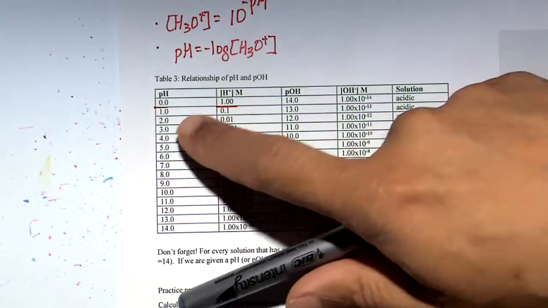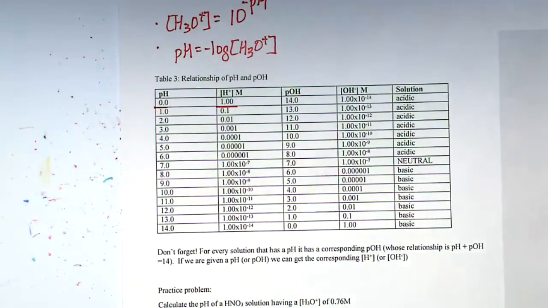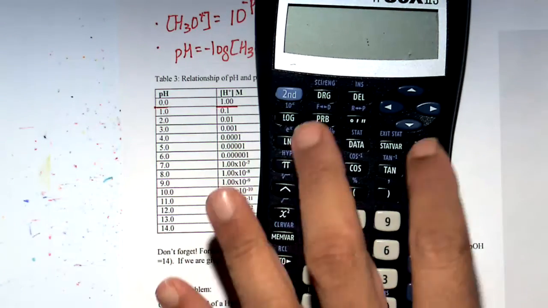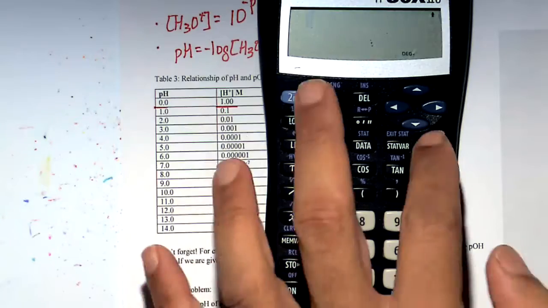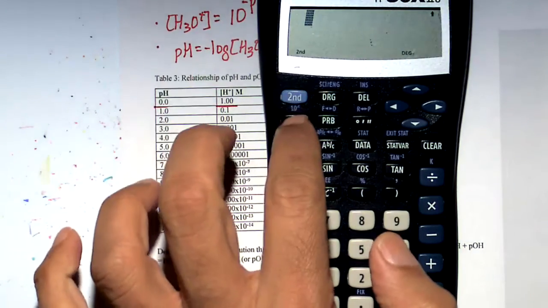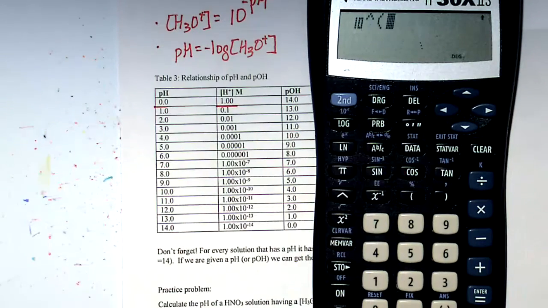In fact, let's do that. Okay, let's say my pH is 0. What is my concentration of H plus in moles per liter? All right, so we do the inverse log, 10 to the power of minus pH. 10 to the power of, your pH is 0.